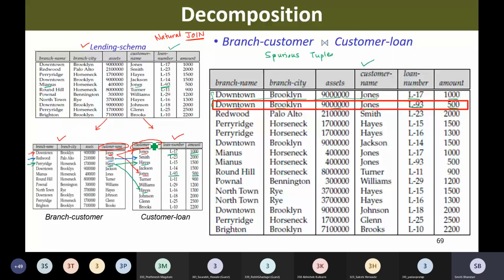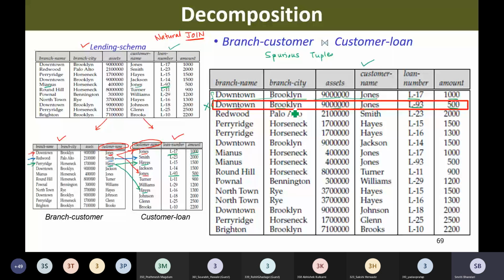Customer Jones with loan number L93 does not have the loan in downtown, but has the loan with the branch Miamis and not with branch downtown. So this particular tuple is invalid. This tuple does not actually exist in my original data, right? So this is the spurious tuple.